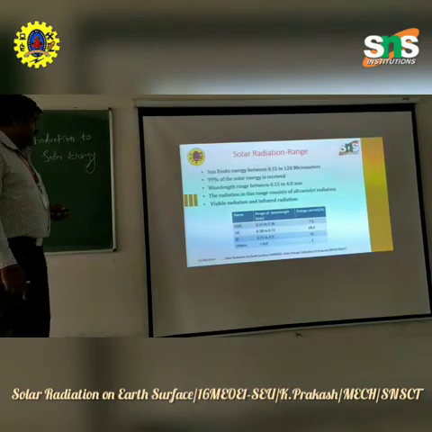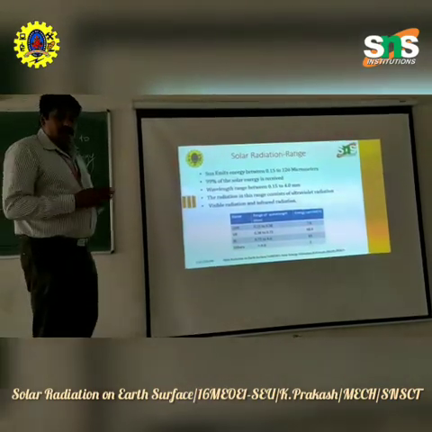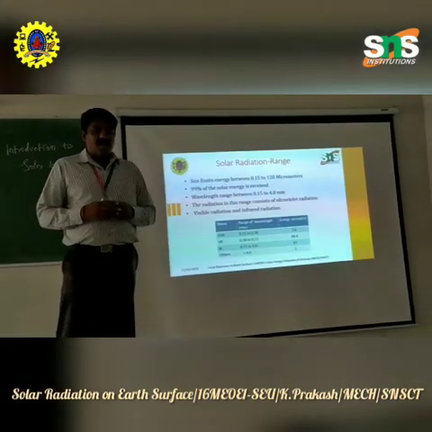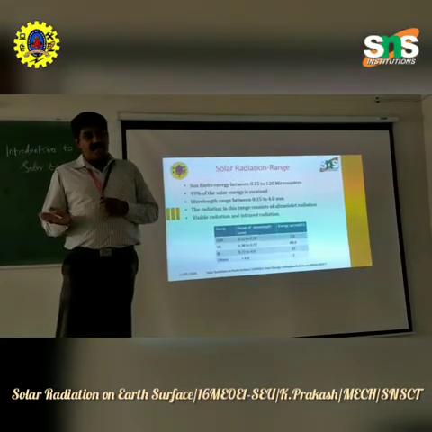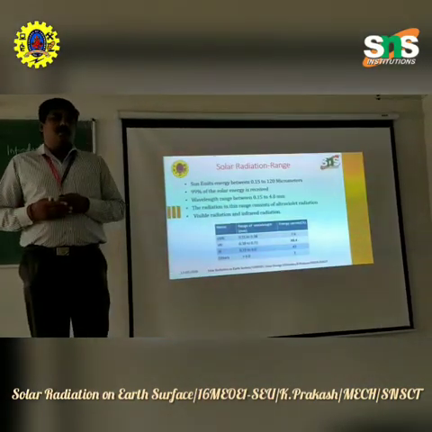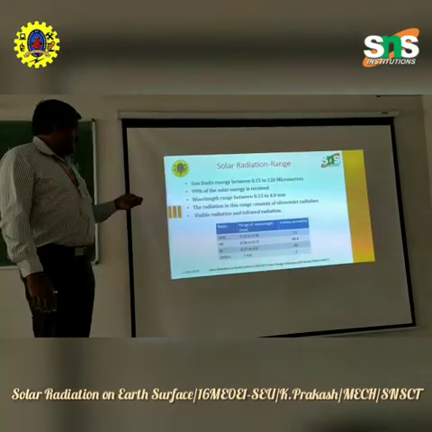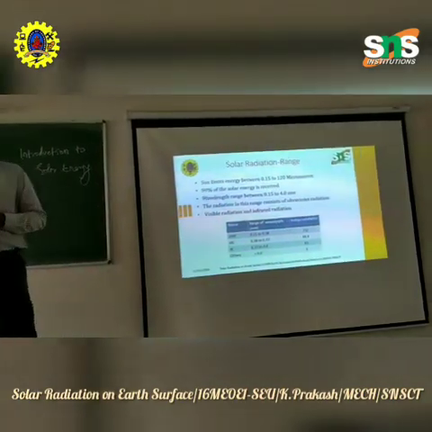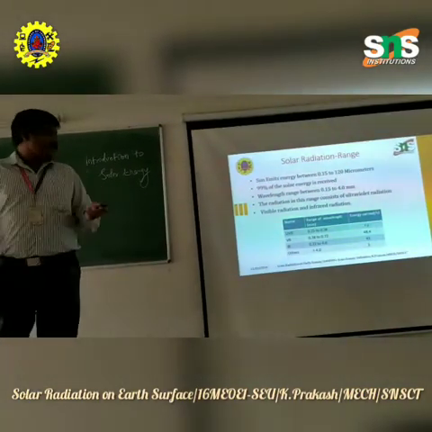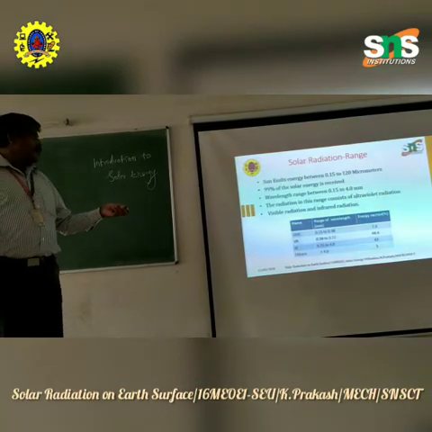Now let us see. We are receiving the solar energy, and what are the types of radiation falling on the earth? The sun emits radiation of 0.15 to 120 micrometers.